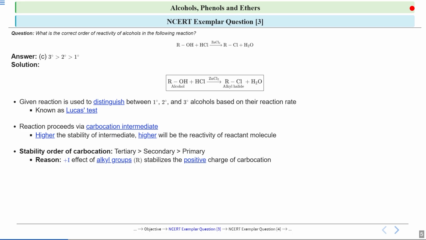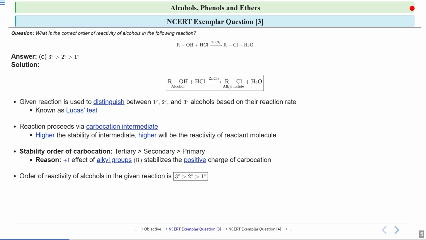So in tertiary, there are 3 alkyl groups, and these alkyl groups donate electron density, which stabilizes the positive charge of the carbocation. Here there are 3 R, so 3 alkyl groups are donating electron density, stabilizing the positive charge. That is why the tertiary carbocation is the most stable carbocation.